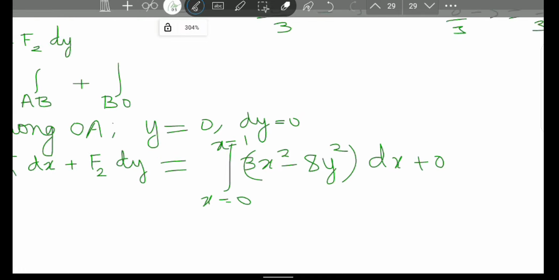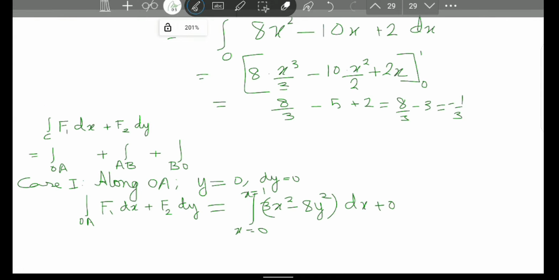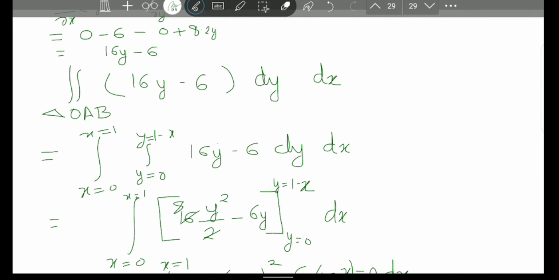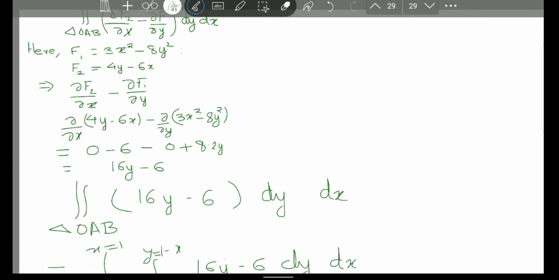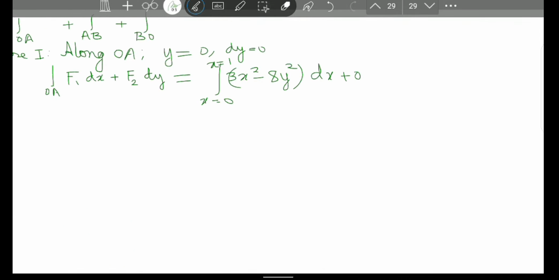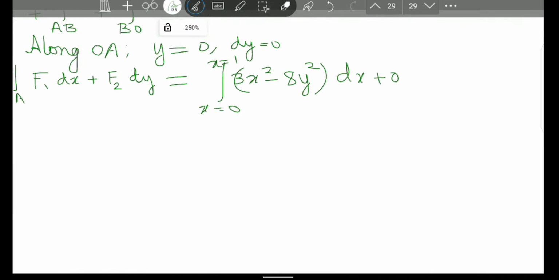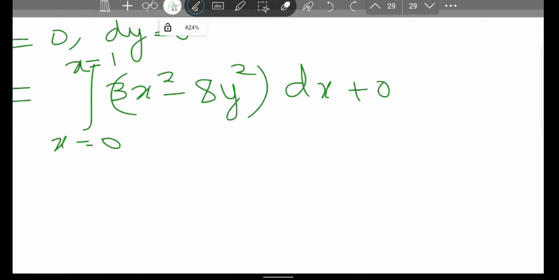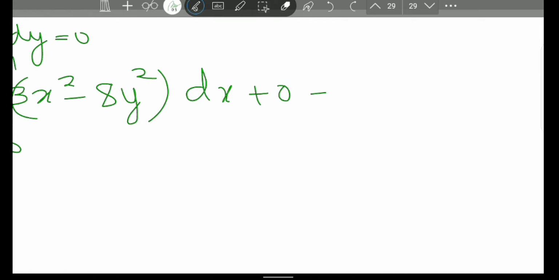Did I copy f1 correctly? f1 equal to 3x squared minus 8y squared. We copied correctly. So once again, y equal to 0. So this is equal to the integral from 0 to 1 of 3x squared dx.